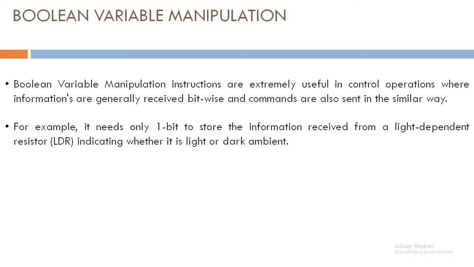Along with certain linear integrated devices, we can make a circuit which provides one bit of information revealing whether the outside light is dark or there is light, so that information can be stored into the system using the information received from the LDR.